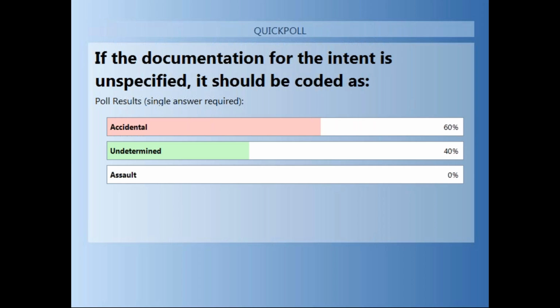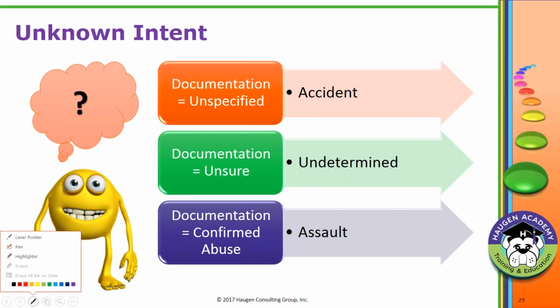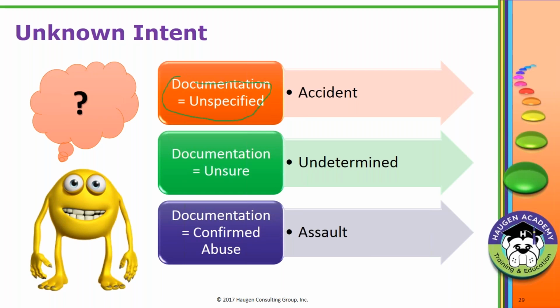And this is a tricky area, so don't feel bad. The correct answer is that it's accident, but let me go back to this slide. Hopefully this visual can help you here. So if the documentation is unspecified, so there's nothing mentioned in the documentation, we're going to code it to accident.